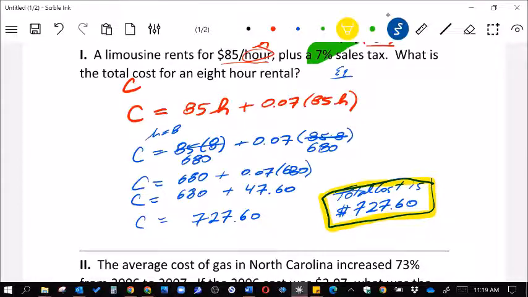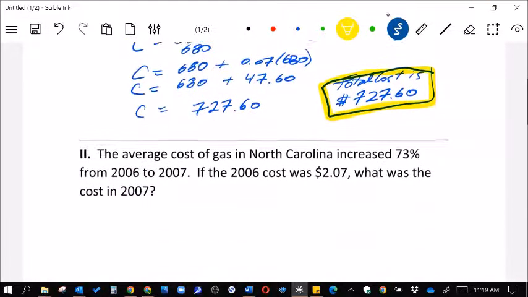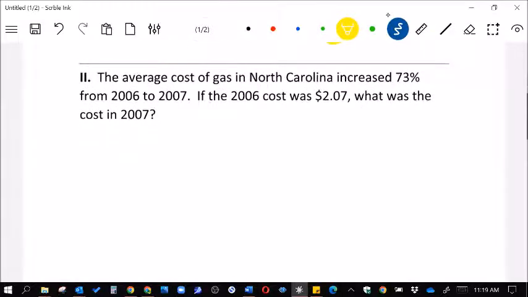Now let's apply this in a different way here with an increase not based on sales tax, but still an increase. The average cost of gas in North Carolina increased 73% from 2006 to 2007. We are given here what the 2006 cost was. We need to know what the cost was in 2007.